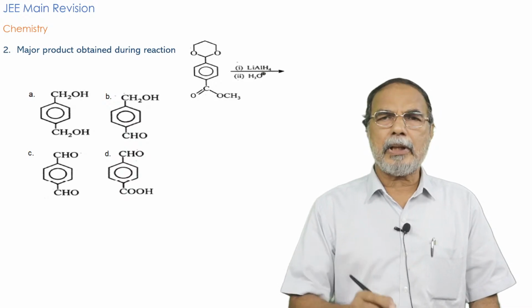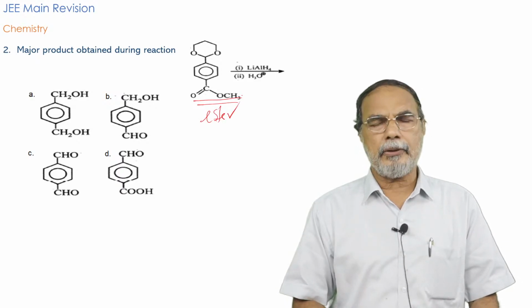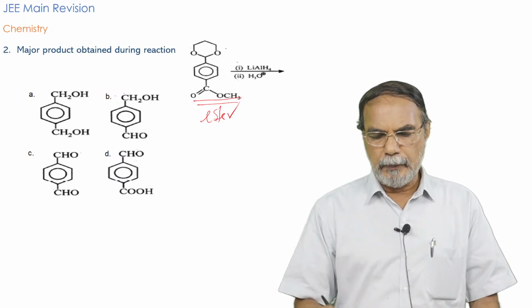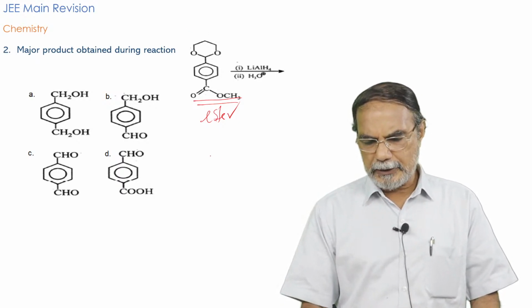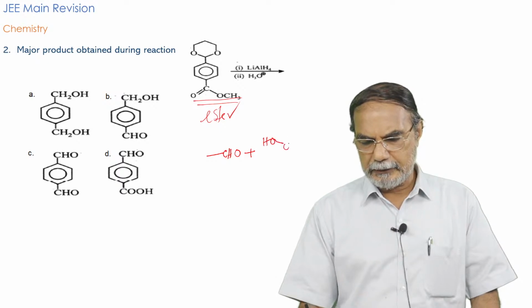Looking at the molecule, one can easily understand that here there is an ester group. And at this part there is a group which is actually formed by a reaction like this.